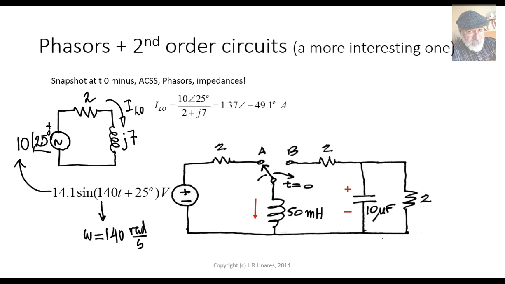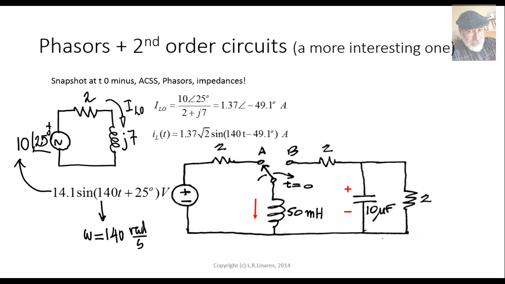That is a representation of the sinusoidal function of time, the current in the inductor. The current in the inductor before you move that switch out of A is 137 root 2, that is a big value, times sine of 140t minus 49 degrees amps as a function of time. We want the initial value of that current in the inductor, right at 0 minus.